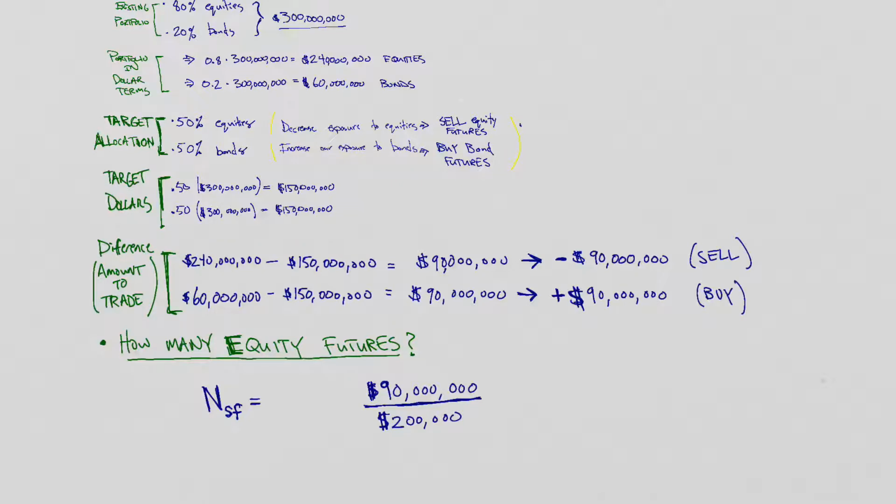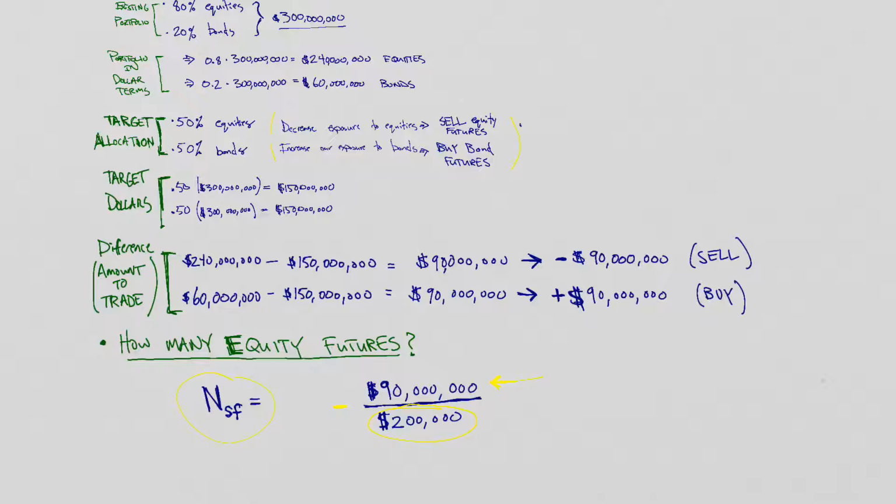And we're close, but not quite there yet. At this point, we know that we need to reduce exposure, so we know this is going to be negative, by 90 million, and it's going to take 90 million divided by the size of each futures contract to figure out how many futures we should actually buy to do that.